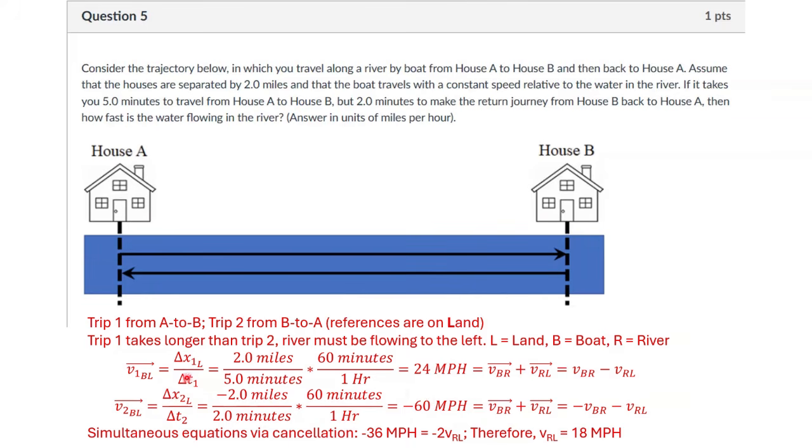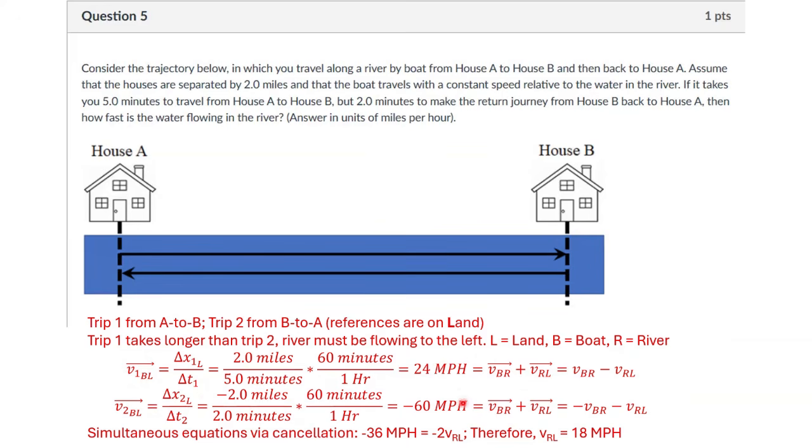And the way this works is you can always find the velocity of something relative to something else if you have two additional relative velocities. So if I want a velocity of a boat relative to land, then what I'm going to need is a velocity of a boat relative to some common reference plus a velocity of some common reference relative to land.